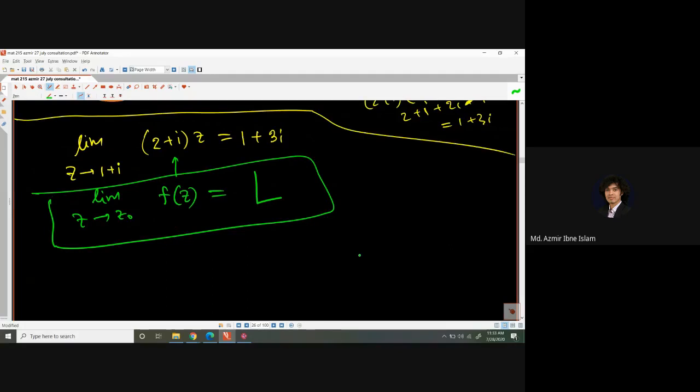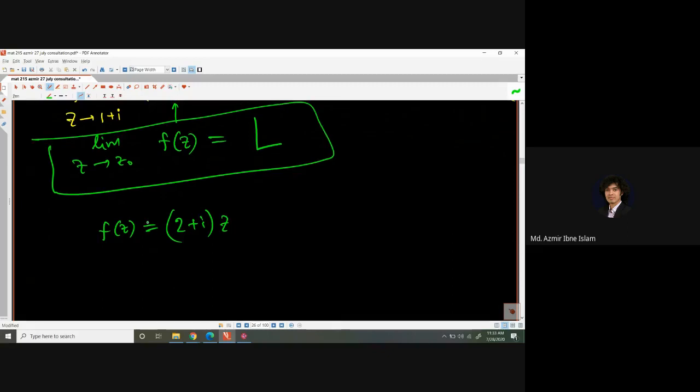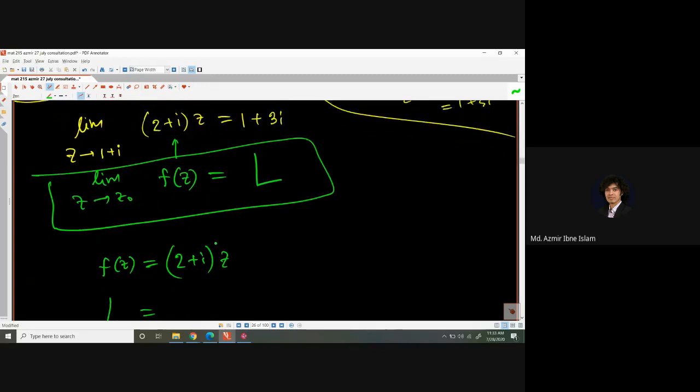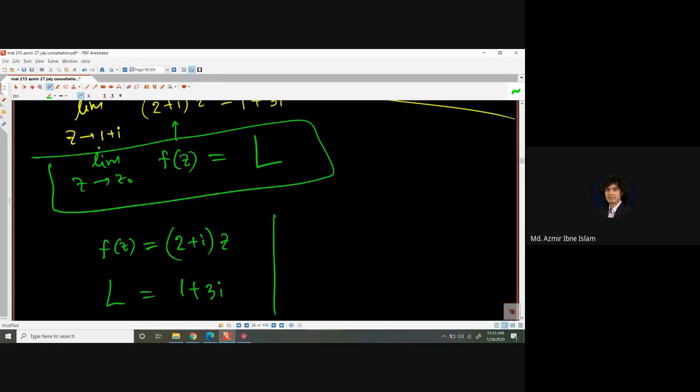So from here, f of z equals 2 plus I z. Here, L is the result, 1 plus 3I. And we have found z naught as 1 plus I.